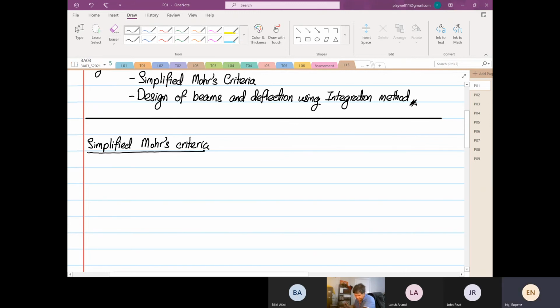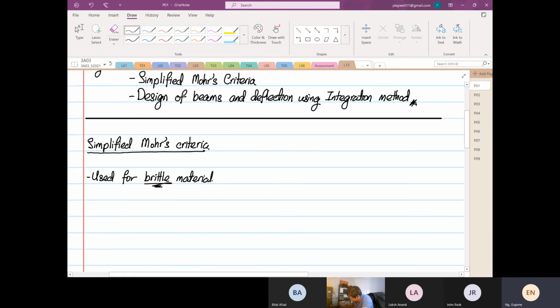So this criteria is used for brittle material only. Okay, so some of you might ask, why? What did he consider to make sure that this is for brittle material?